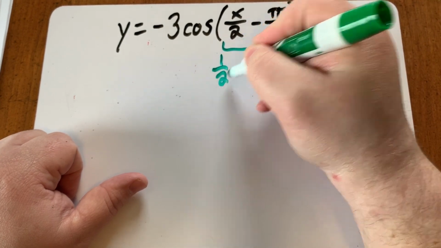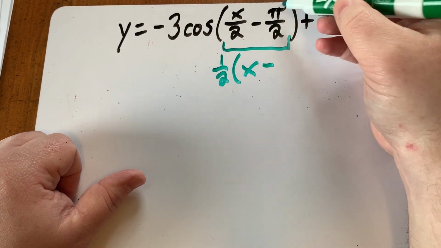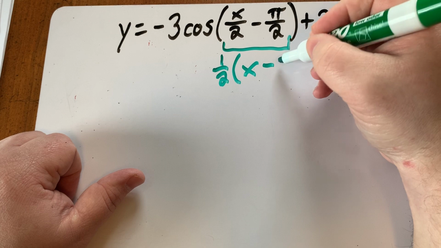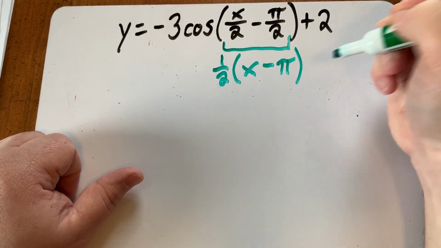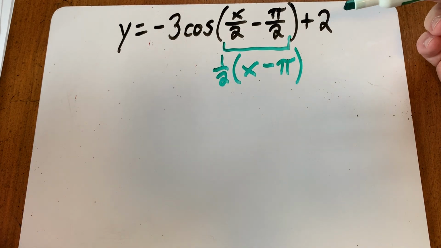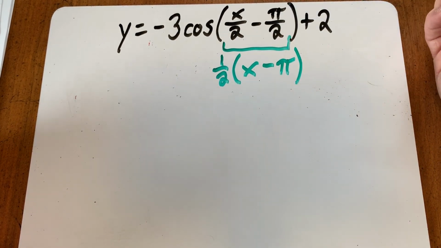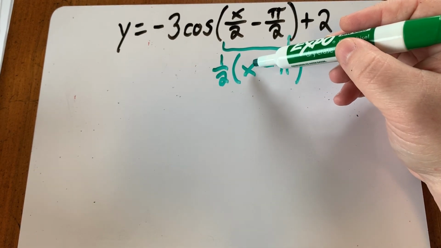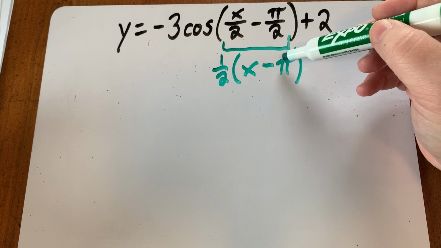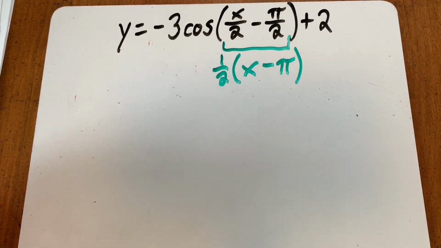So if you factor out the 1/2, and it'd be 1/2 times pi, so it's x minus pi. A good thing to check is if you distributed that back through, would it produce that original expression? And in this case, yeah. 1/2 times x is the same as x over 2. 1/2 times pi is the same as pi over 2. So this one checks out.